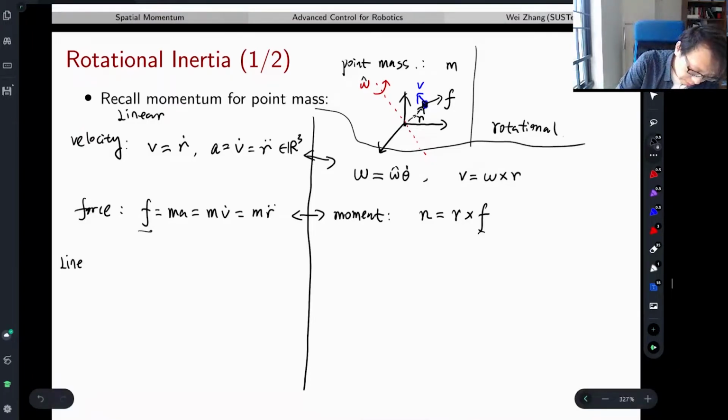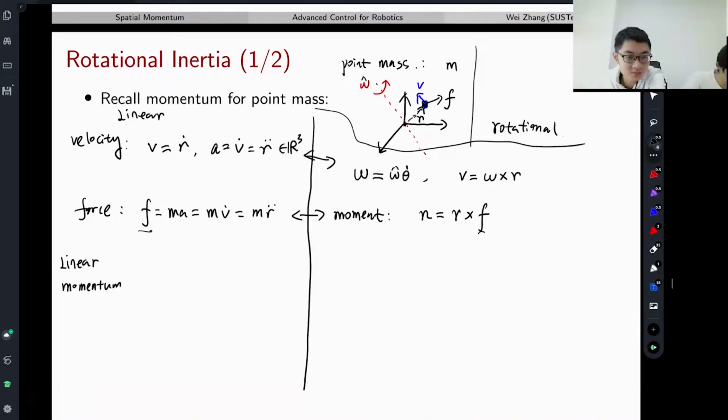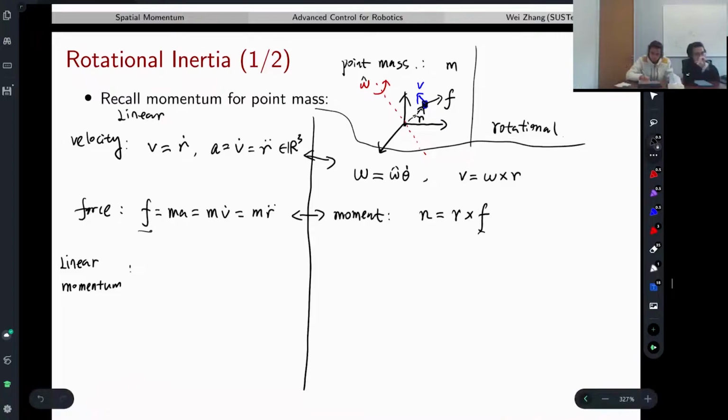And then we talk about momentum, linear momentum. Ruben, what is momentum? It is physics, yes. It's like the force corresponding to the linear velocity.